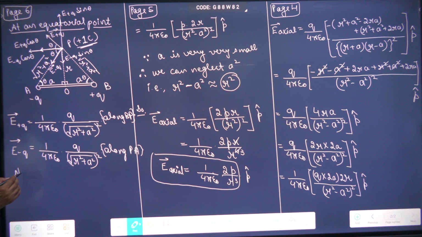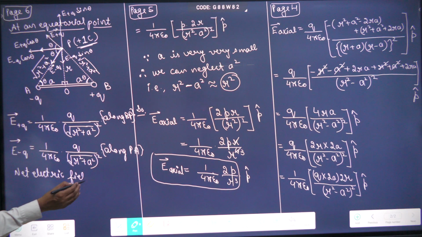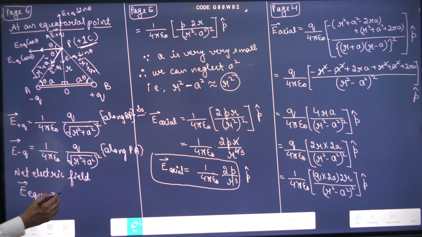So the net electric field will be E equatorial, E equa, is equal to E plus Q cos theta plus E minus Q cos theta.